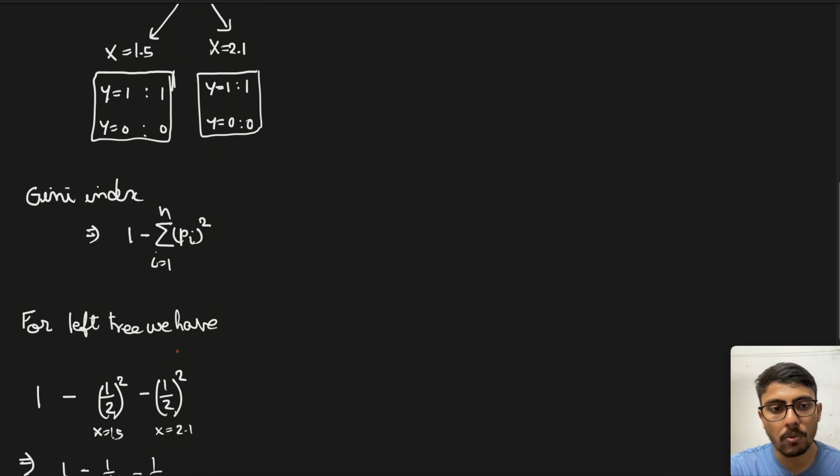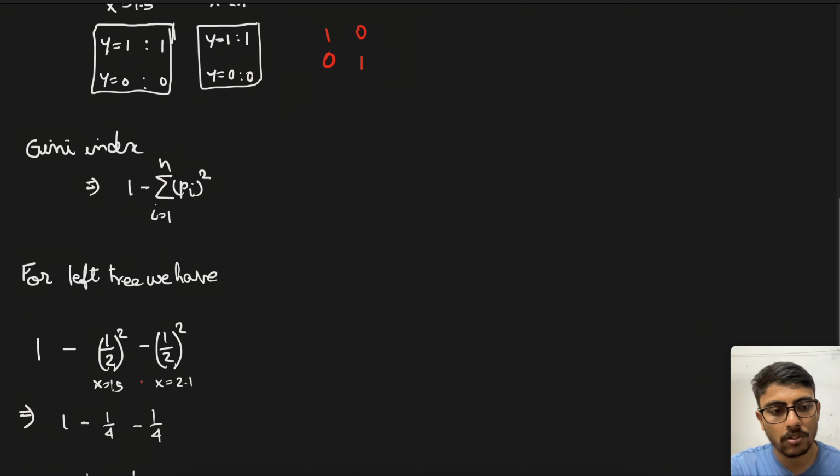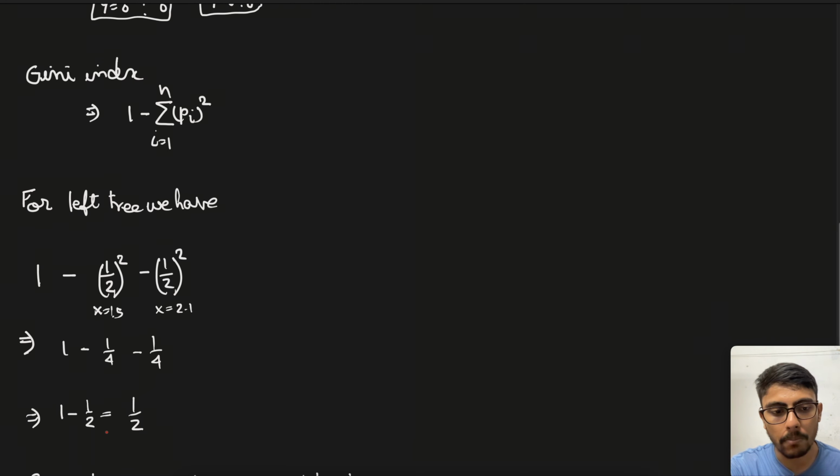The probability of y equal to 1 for x equal to 2.1 is half. Since there are only two classes and one is occurring in either case, it is basically 1 by 2. Either it will be 1, 0 or 0, 1, right? Because y can only take one value, so it is half. If we square that, we get 1 minus 1 by 4 minus 1 by 4, which comes out to be 1 by 2.